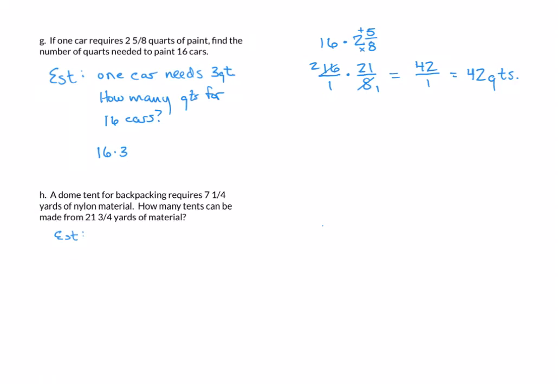So if we estimate this, let's just say 7 yards per tent. And we want to know how many tents. It doesn't really matter what you round this to, I'm going to say 22 yards.